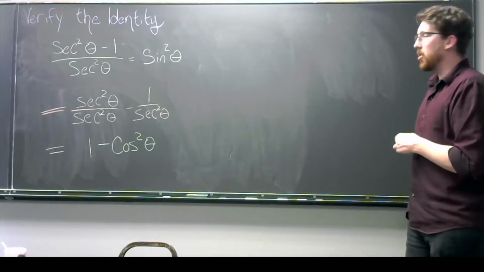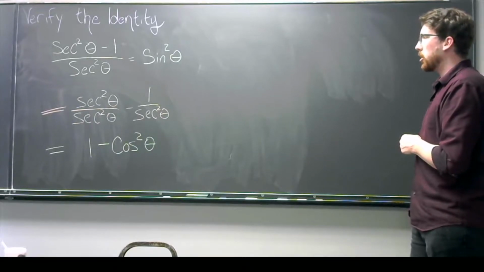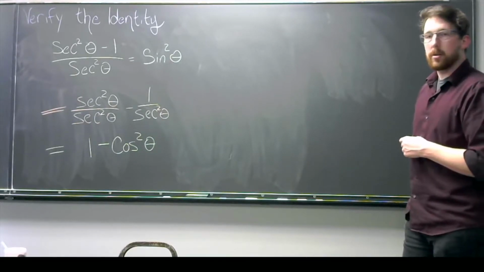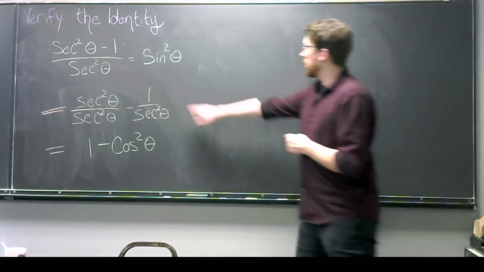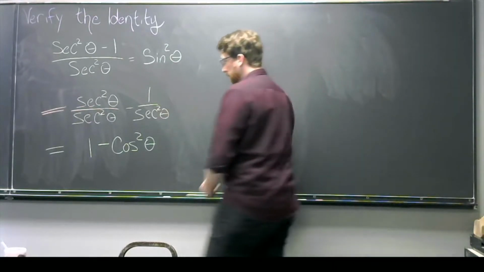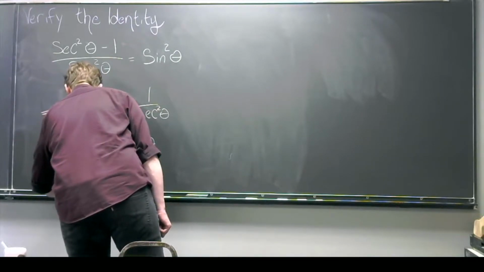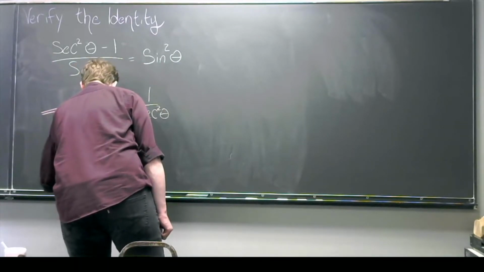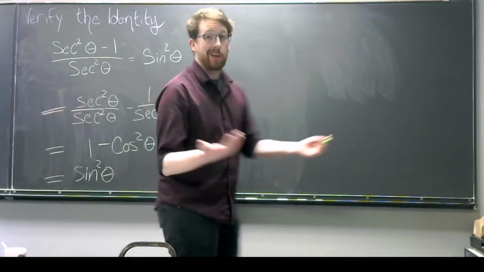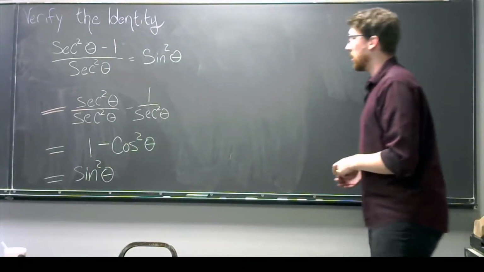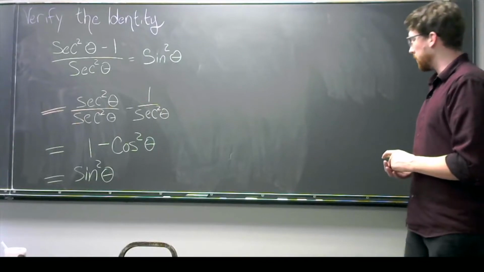Well, this is one of our Pythagorean identities. It's just going to be sine squared. And we're done. That's all there is to it.